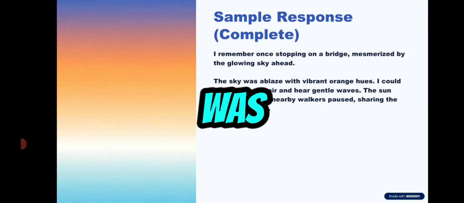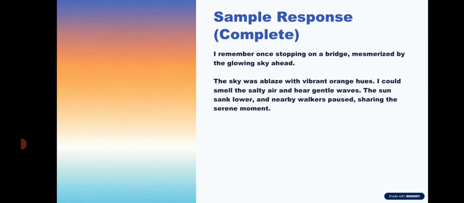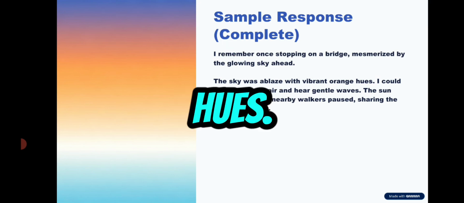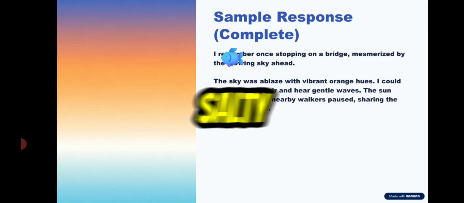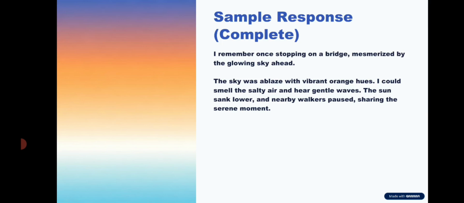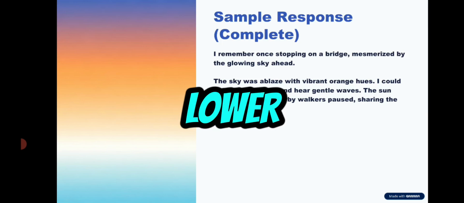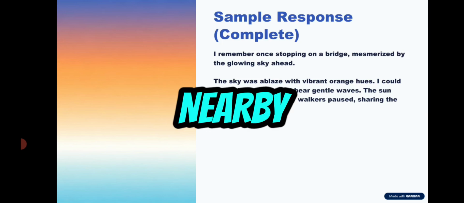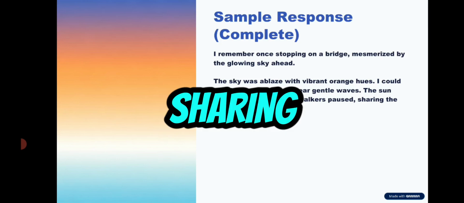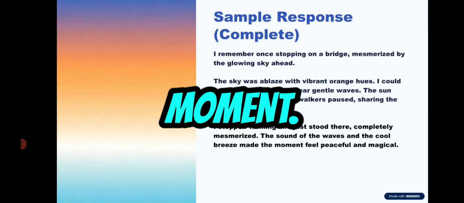The sky was ablaze with vibrant orange hues. I could smell the salty air and hear gentle waves. The sun sank lower, and nearby workers paused, sharing the serene moment.